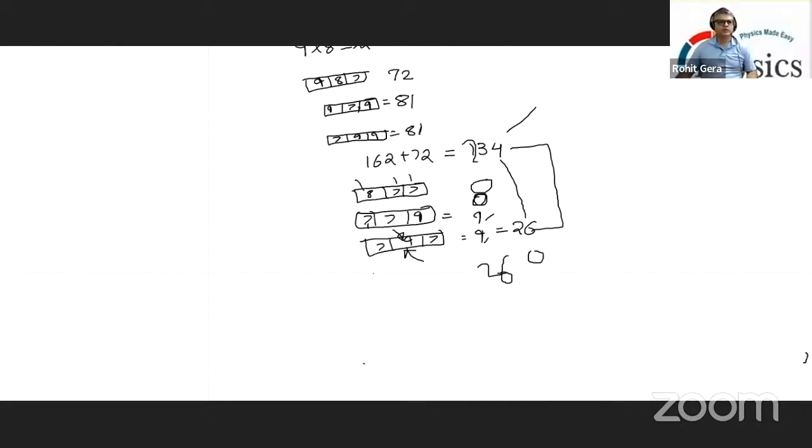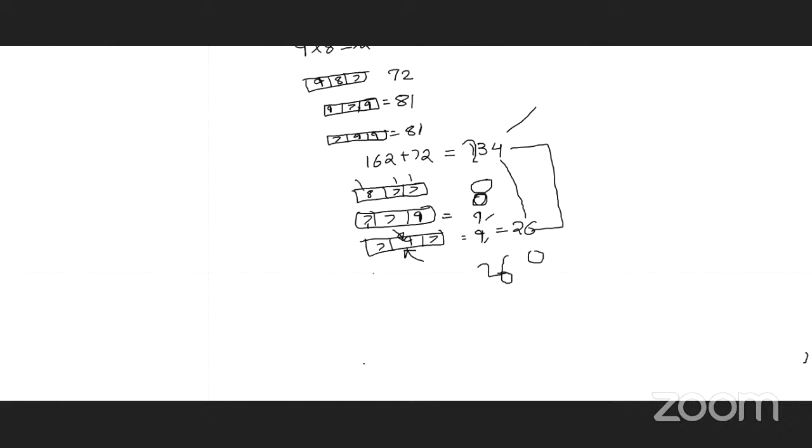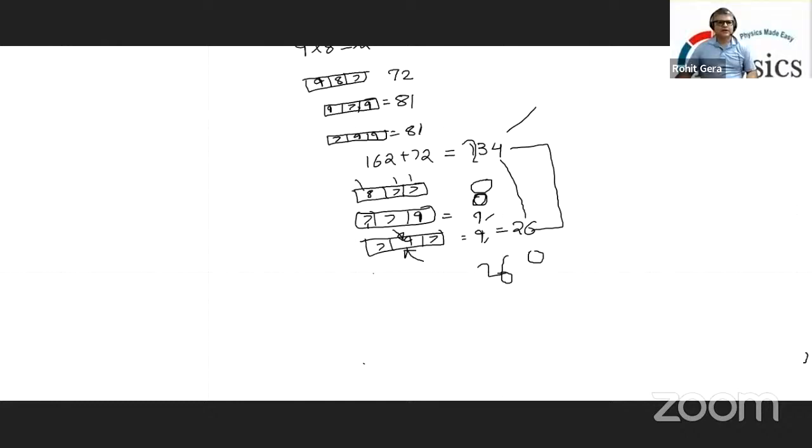Right, 260. The only answer is 252. So we are over-adding some 8. 8 is coming out to be extra. Or if you add one more, it will become 261. 9 is getting extra. There are extra 9 numbers getting added somewhere.